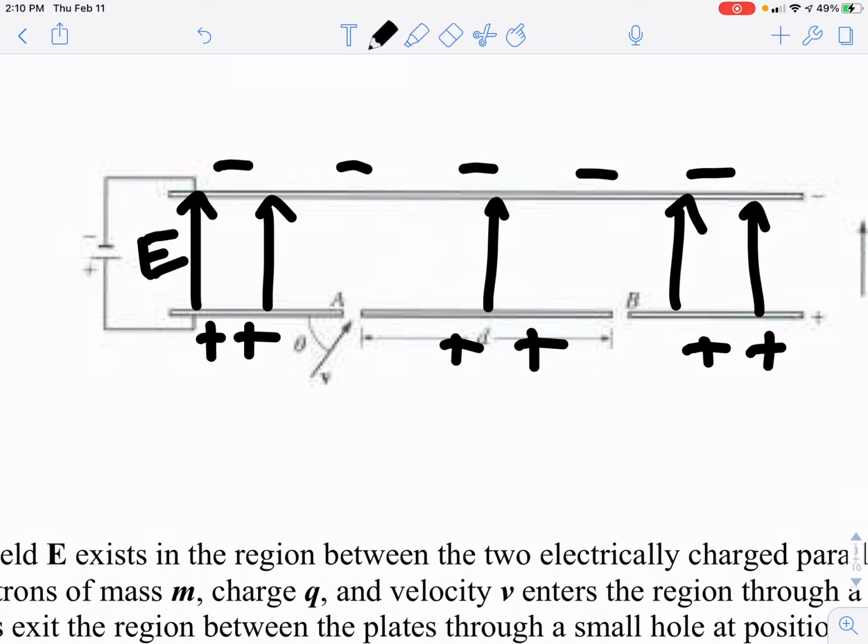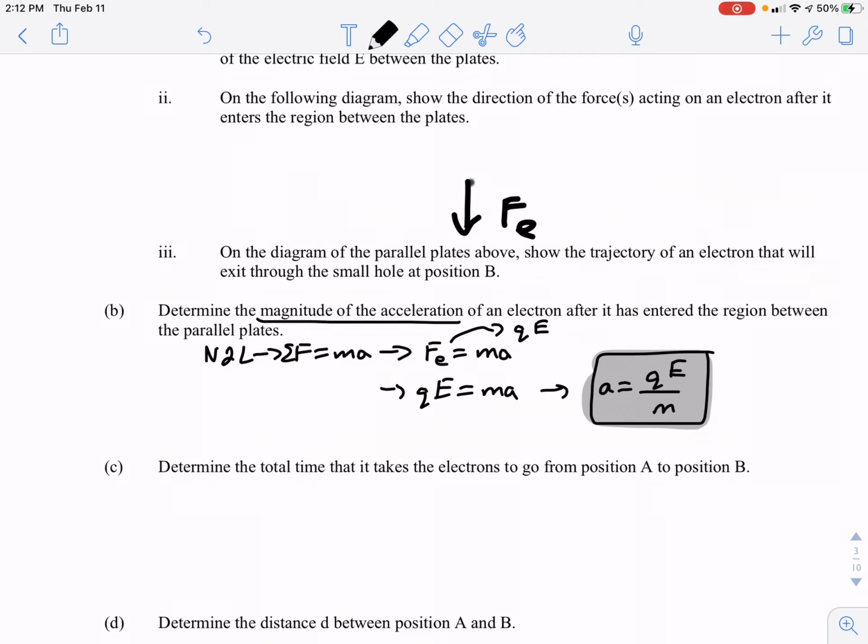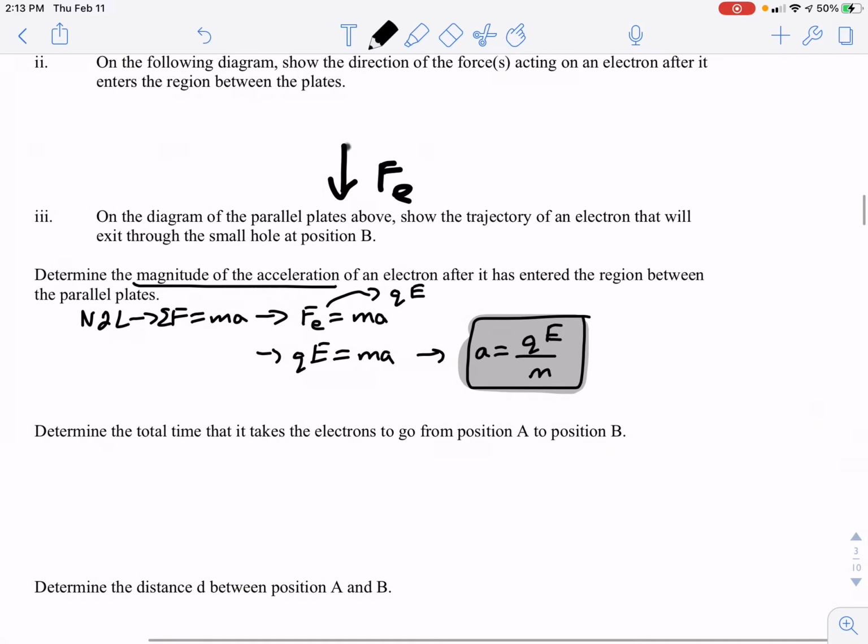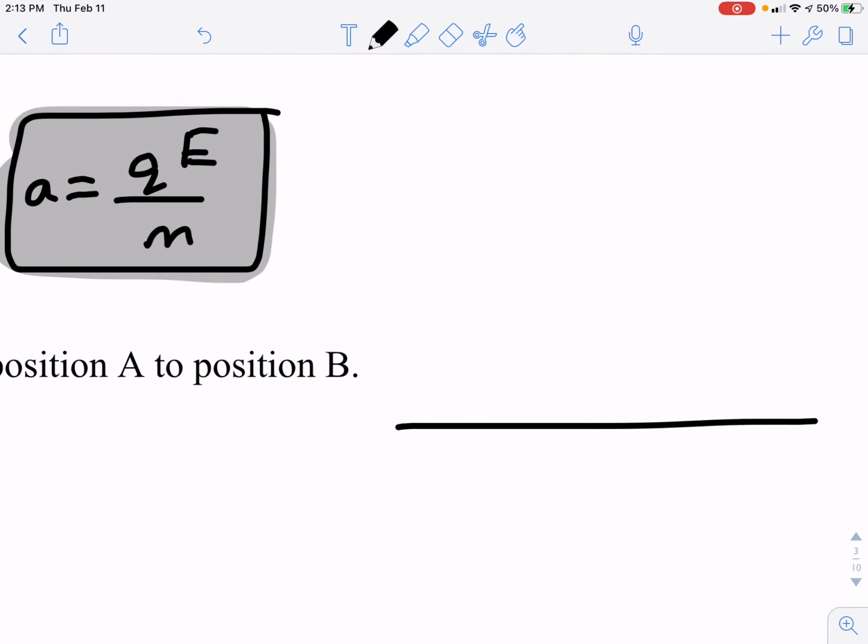Part C. Determine the total time it takes the electrons to go from A to B. Well, it's essentially a kinematics problem, because you have electrons that are going in one area and coming out another. We are told that it has this angle, the velocity is entering this way, and there's an angle created here. That's the same angle created here.